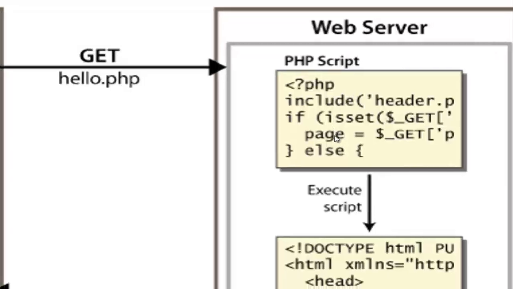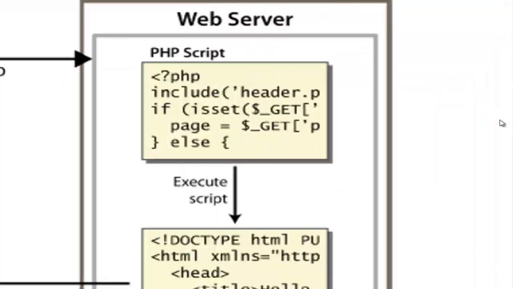The server opens up this particular thing, and you know very well this piece is meant for PHP. So when it gets a file that ends with .php, it goes to the PHP module and gives that PHP module this particular file, the hello.php.